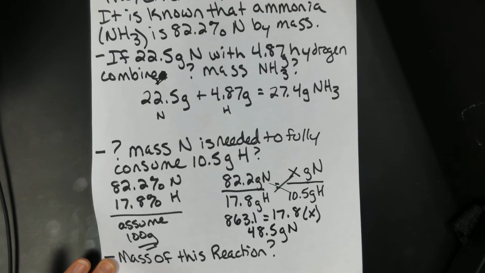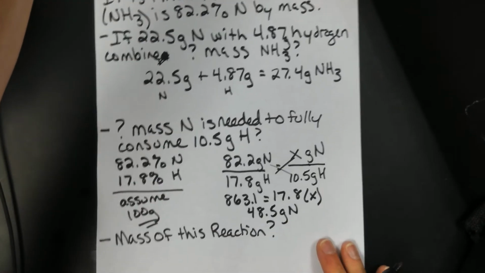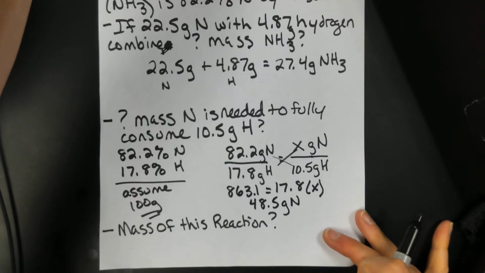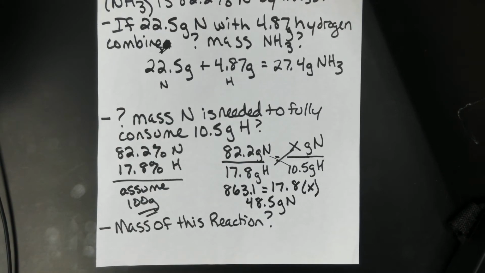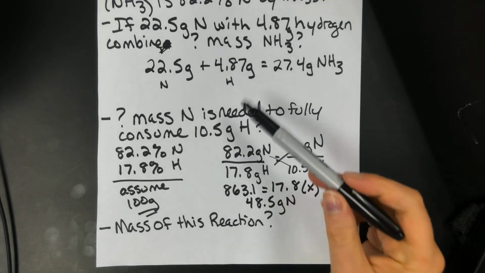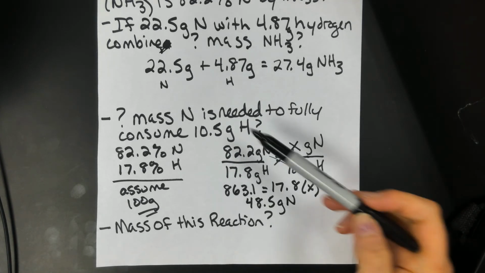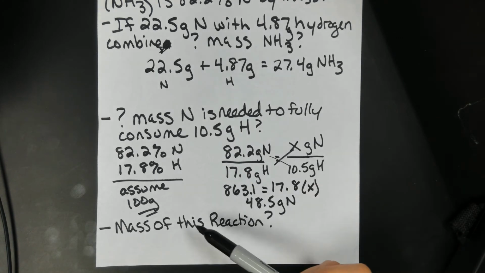Perfect. So the last part, I think part C of this question, because it is a multiple part question, says, what's the mass of that reaction? So this second reaction that we're talking about. Well, the mass of the product, right?